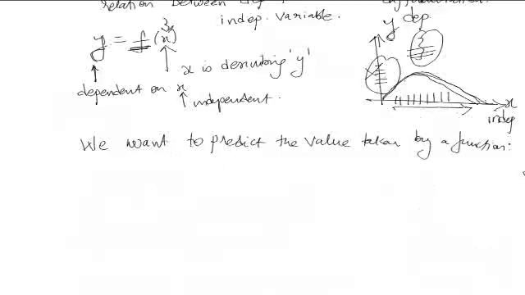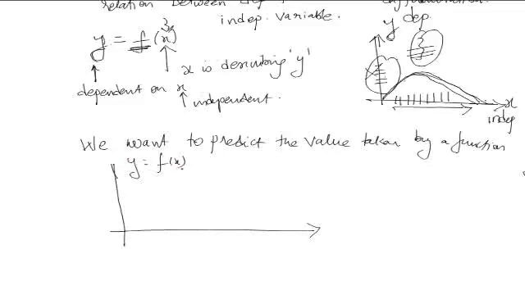So what do we mean? Say for example, I have a graph of a function y equal to f of x and it looks like this. This is the function.